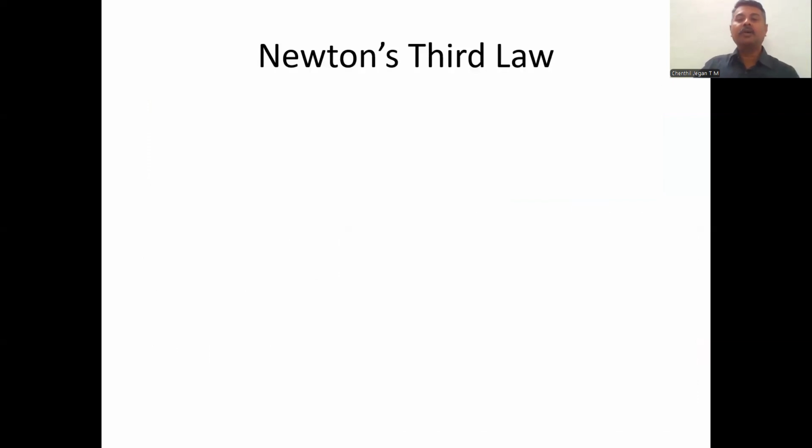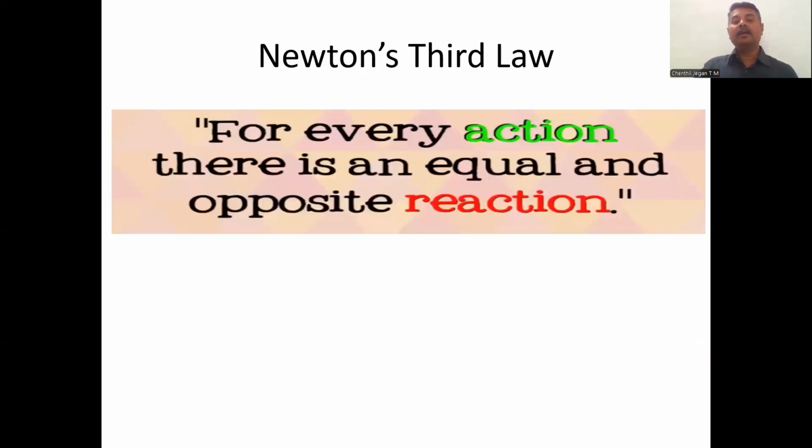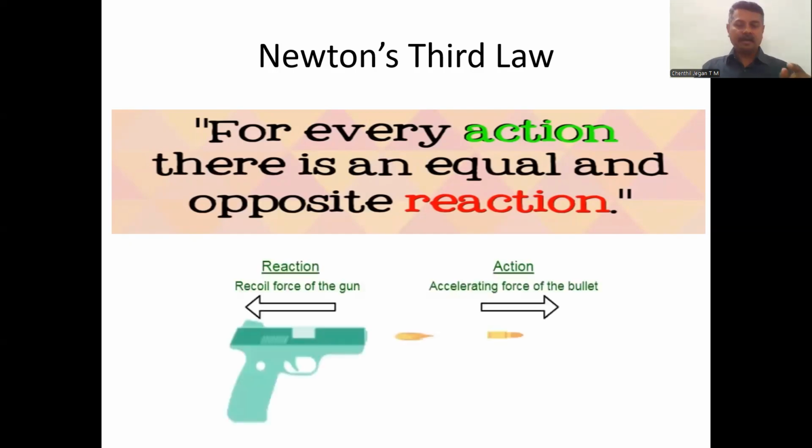And then we can go to Newton's third law. Newton's third law is something we use in day-to-day life. For every action, there is an equal and opposite reaction, right? For example, we all know about gun shooting. During the shooting of the gun, the pellet has a huge velocity in the forward direction.